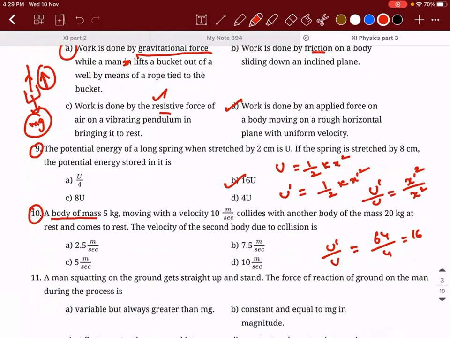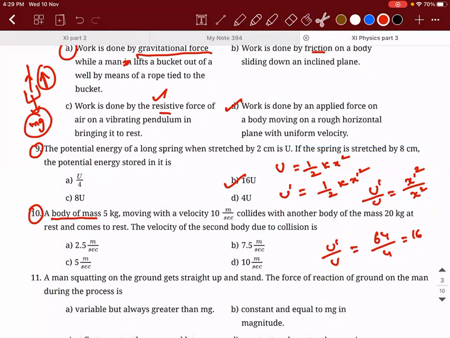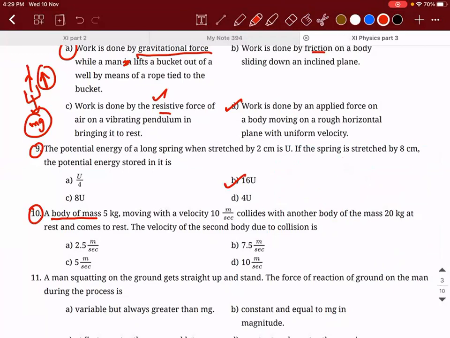Next. An object of mass 5 kg moving with a velocity of 10 meter per second collides with another body of mass 20 kg at rest and comes to rest. The velocity of the second body due to collision is? What is the answer, guys? Sir, is it 2.5? How did you solve? Sir, we can use the collision equation, conservation of linear momentum.